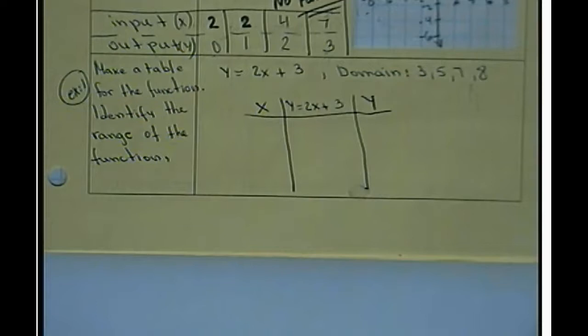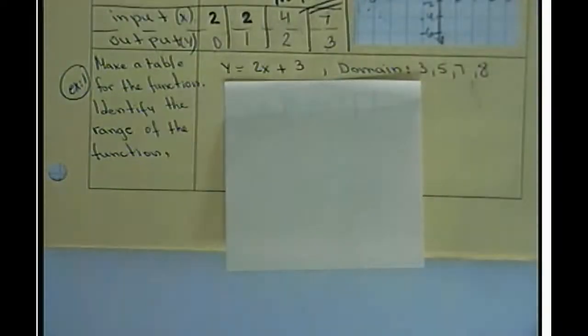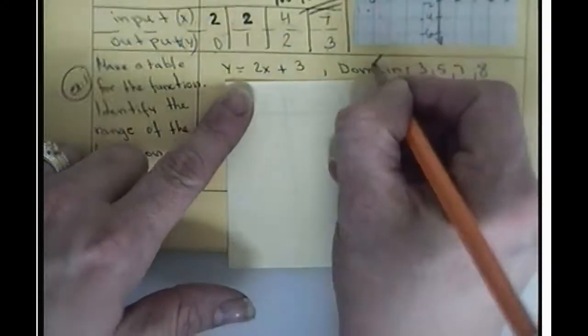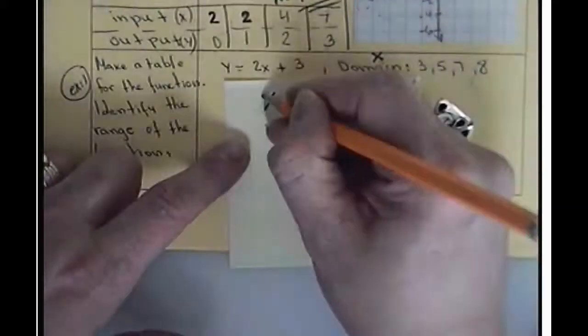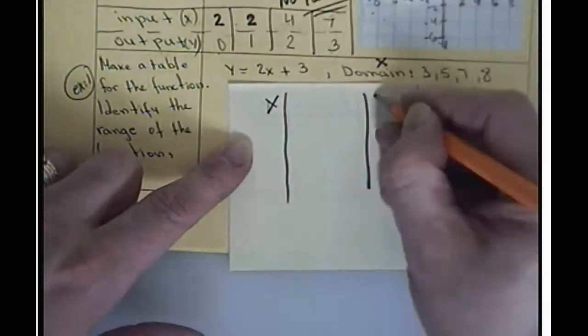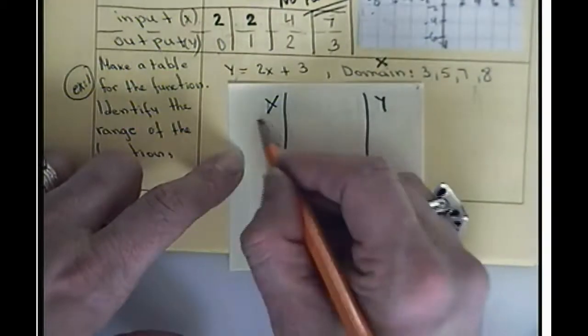So sometimes, if we don't have a given table, you gotta think about it: the domain means these are my x values, okay? So I need some x values, and I need to calculate the y values, which is the range.